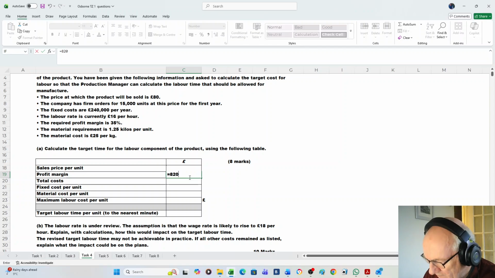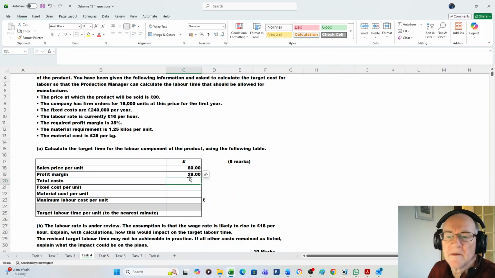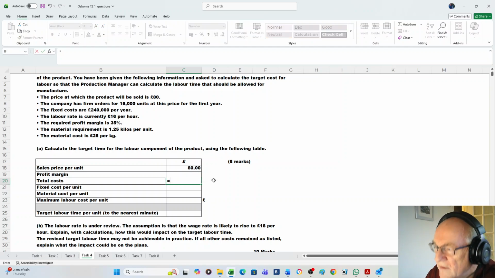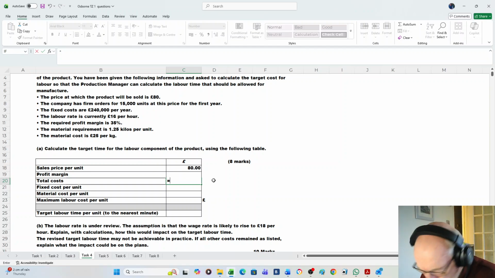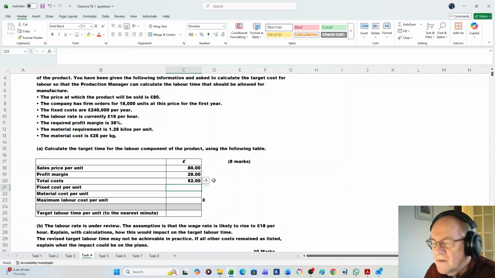is the £80, and it's telling you profit margin's got to be 35%. So it's got to be £28. So the total costs got to be no more than £52.